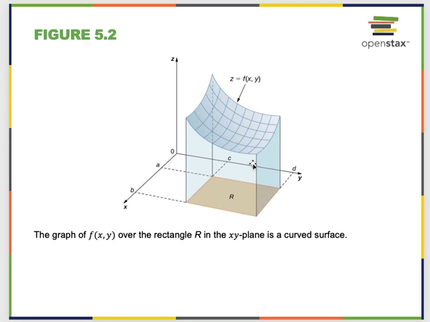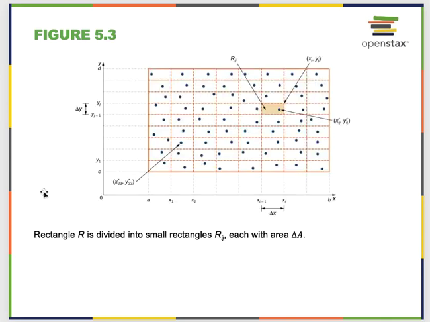Okay? Now, what about the exact volume, not just an approximation? Well, what we do is make sure that the norm of the partition, that is, the area of every single one of these rectangles, has the quality that both its length and width goes to 0.